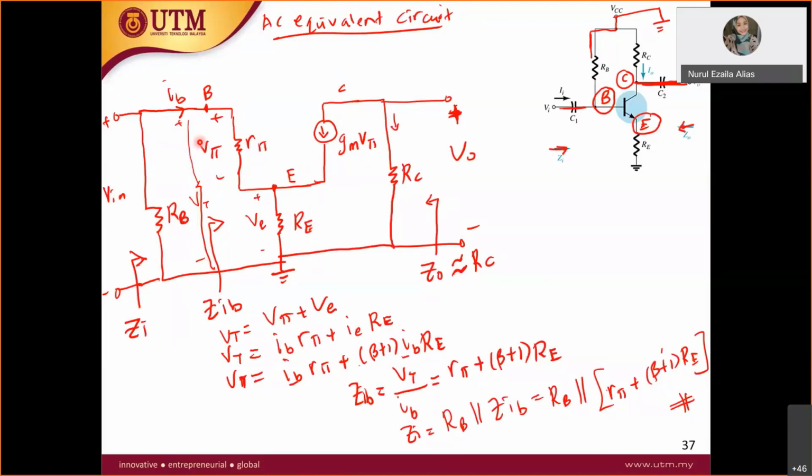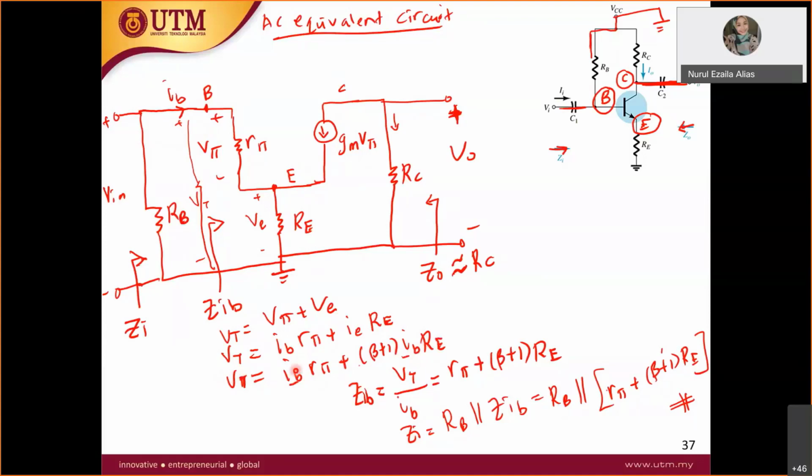Yes. So it is equal to V pi plus VE, which is equal to IB R pi plus beta plus 1 IB RE.